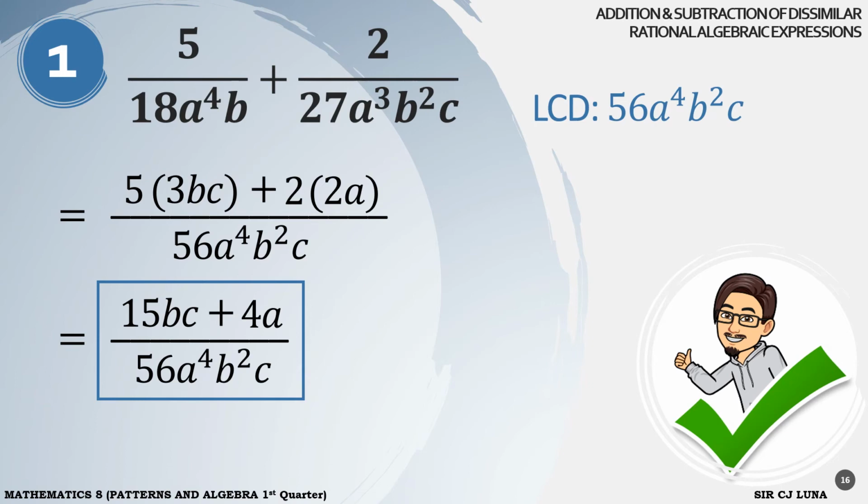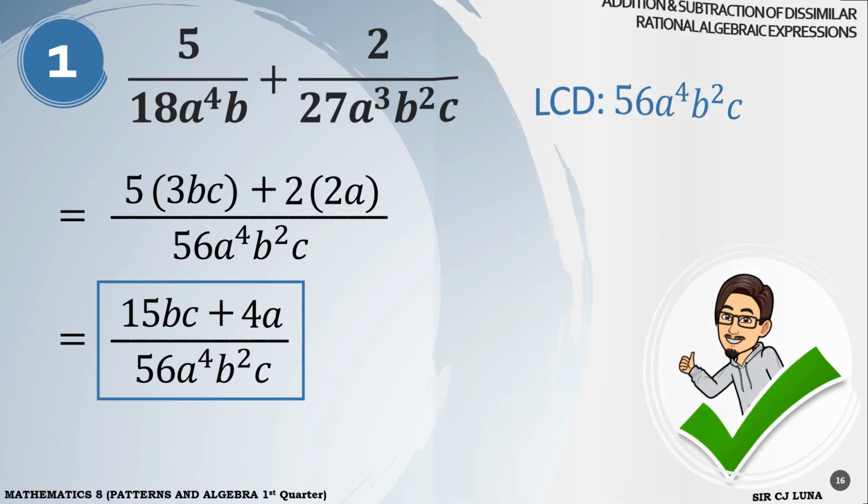So, ganun lang yung pag-add ng mga dissimilar rational expressions. Una, syempre, hanapin mo muna yung kanilang LCD. Kapag nakuha mo na LCD nila, i-divide mo yung LCD by the denominator of each fraction and then multiply it to the numerator and then simplify. Okay? Good.